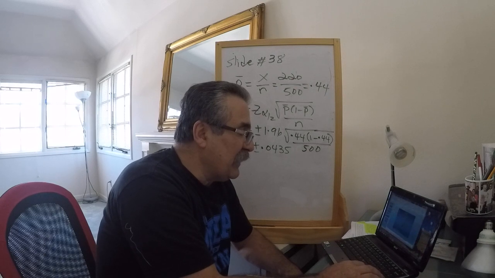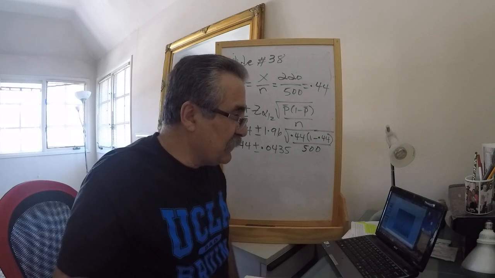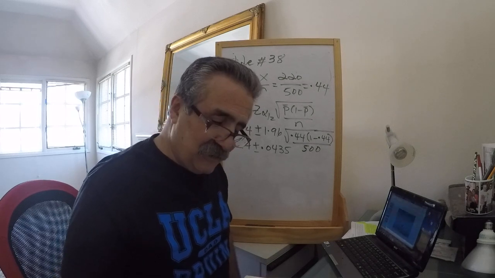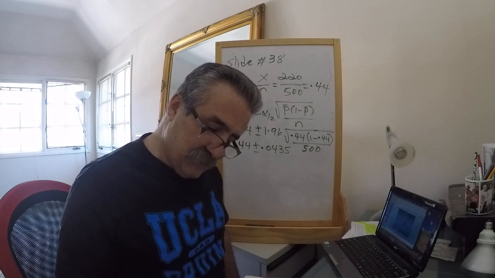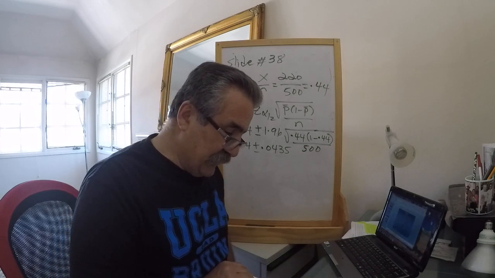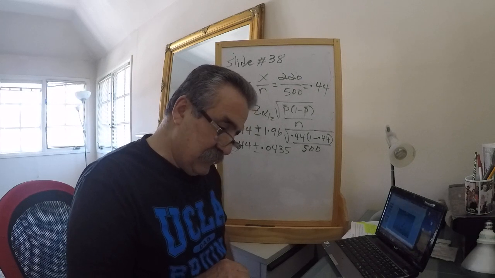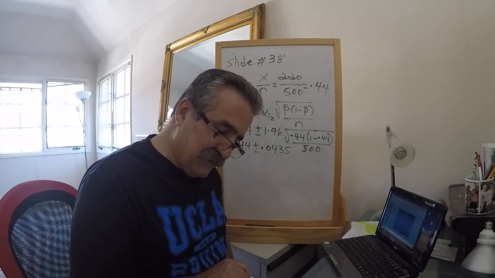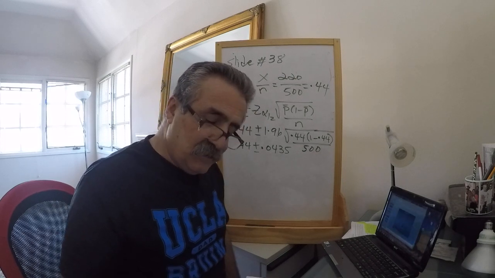So we're going to go ahead and solve some problems for this part of chapter 8. Let's see, problem number 31 and 36. We're going to do problem number 31 and 36.